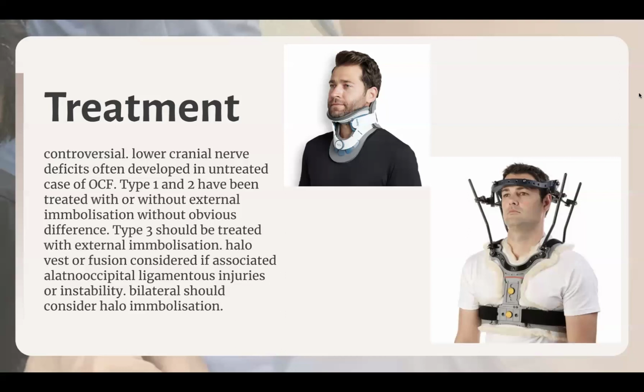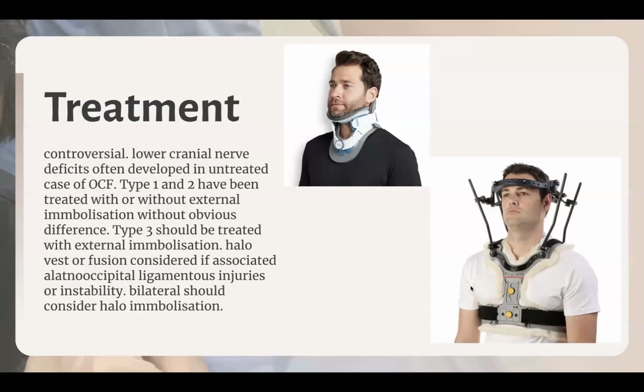In terms of external immobilization, you can treat them in usually a rigid hard collar like this, or when we want more definitive fixation or limited movement of the neck, we can install a halo device, which includes screws into the actual skull and which is locked into place with a vest that the patient wears. Type 3 should be treated with external immobilization.